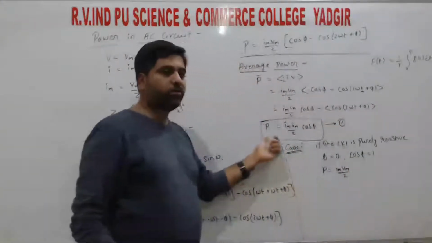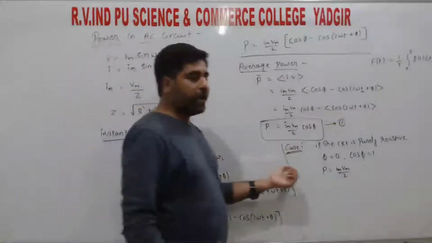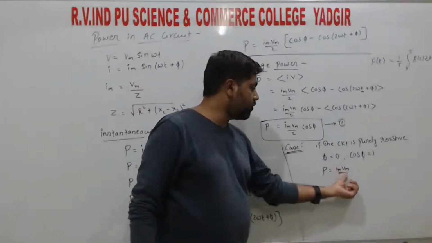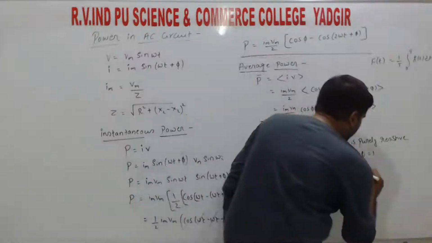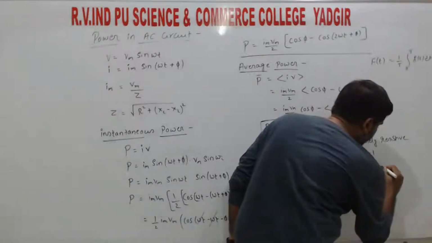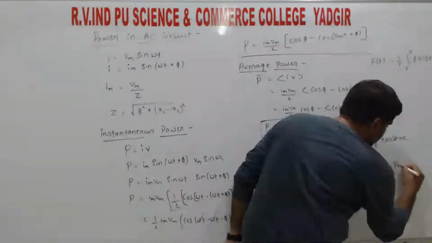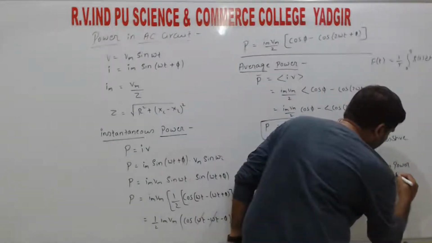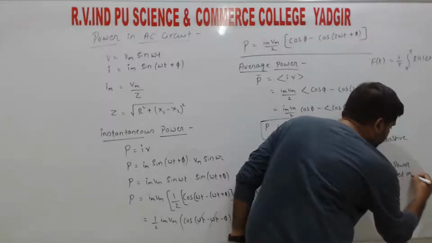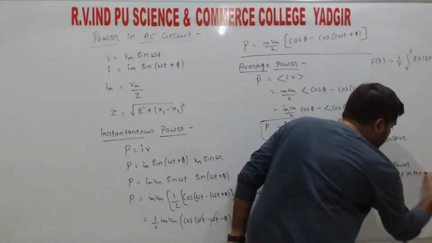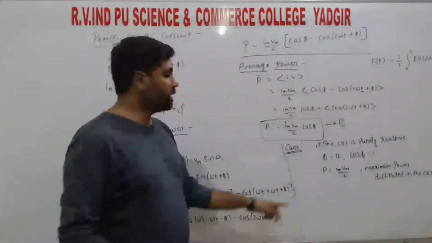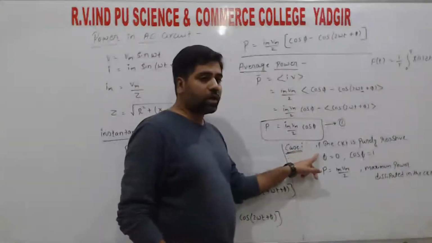When we find the power for an individual resistor, we get the same relation, P is equal to Im Vm by 2. So this is the maximum power dissipated in the circuit when the resistor is connected to the AC source.